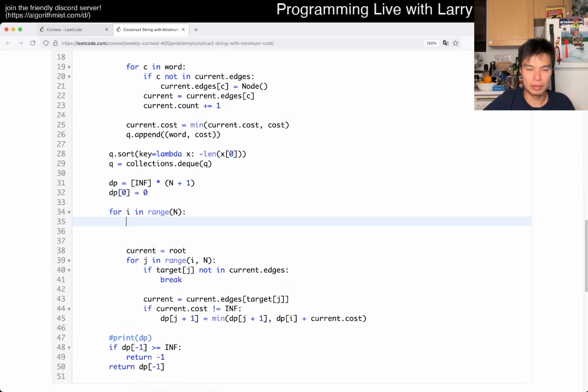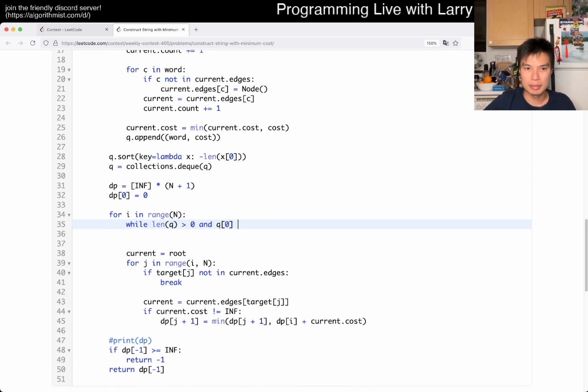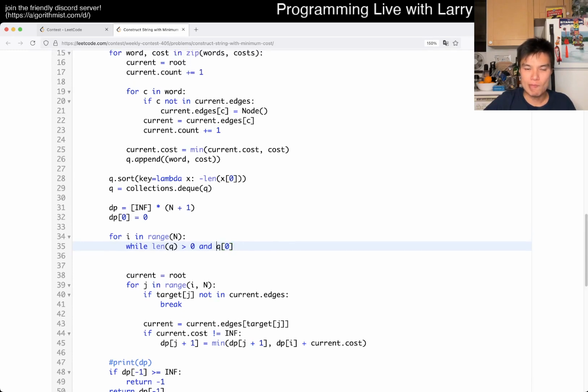Okay, so then now this is greater than n minus i.